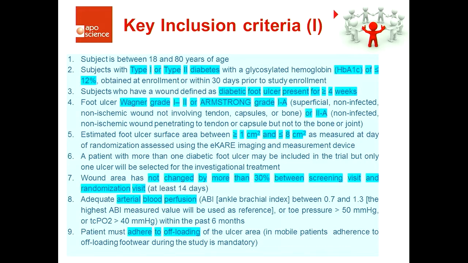The wound size is fairly small, so we have seen cases where half of the foot is actually showing a wound ulcer. So 1 square centimeter to 8 square centimeters is fairly small. The restriction is also based on our development in the preclinicals, that we want to start with this wound size. If you go further to bigger, it will show after this study. The wound size at the time when I randomize a patient should be more than 1 square centimeter.